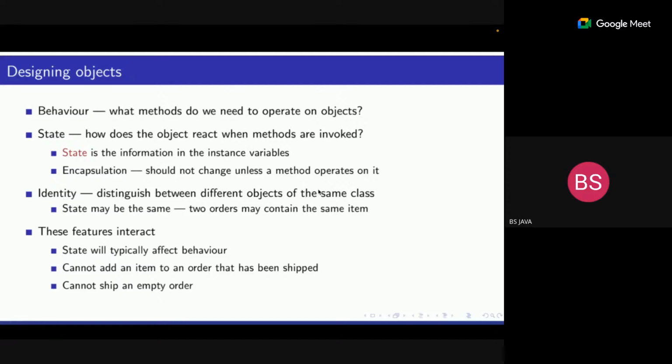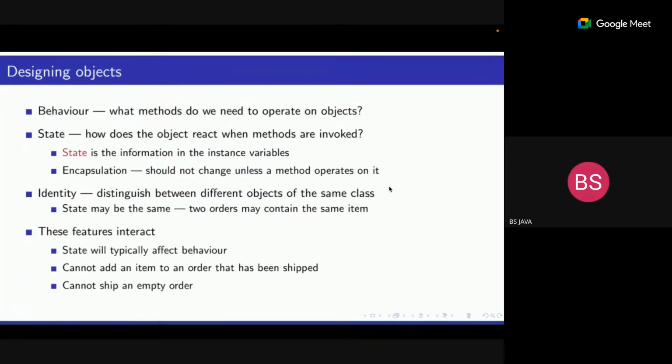When you create the S1 object, a part of heap memory will be allocated for S1, and for S2, it will allocate another chunk of memory, right? So these two are different. The reference S1 will point to one object and S2 will point to another object.